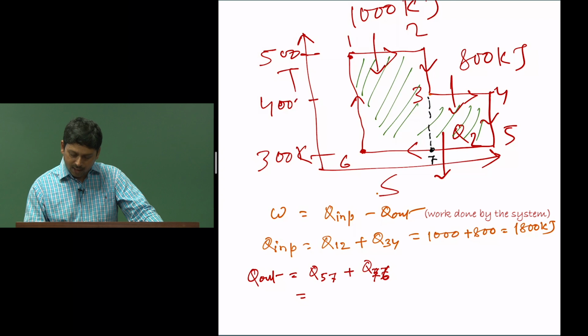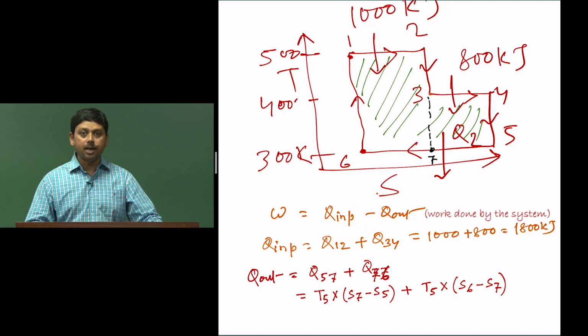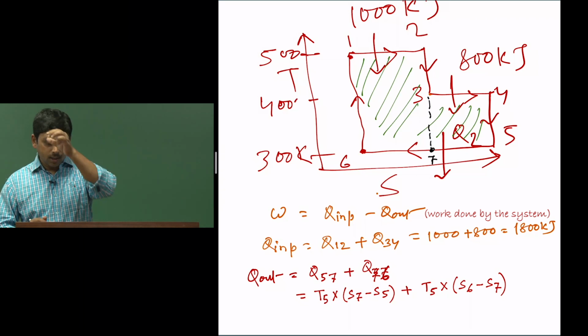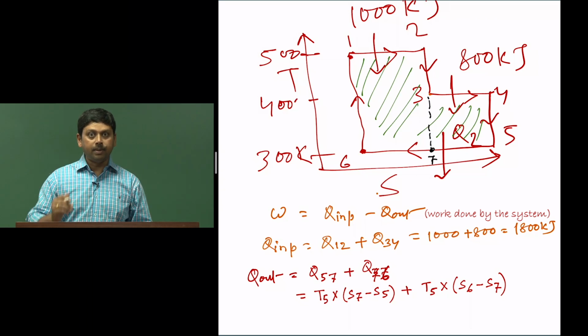So, Q 5 7 is the temperature at the level of T 5, I can say T 5 multiplied by S 7 minus S 5, plus the temperature remains the same, so T 5 again into S 6 minus S 7. You see, because the process is happening from 5 to 6, therefore you have to subtract the entropy as final minus initial.